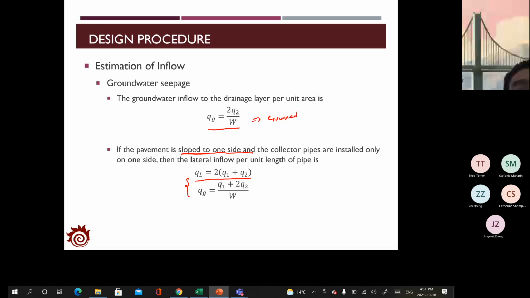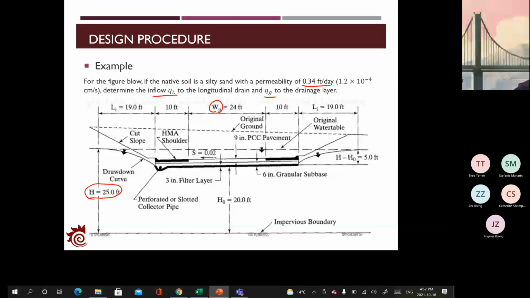You know the width of the pavement as 24 feet. You know the height of the initial groundwater table as 25 feet. You know the vertical distance of the bottom of the drainage layer to the impervious boundary, H0, as 20 feet.